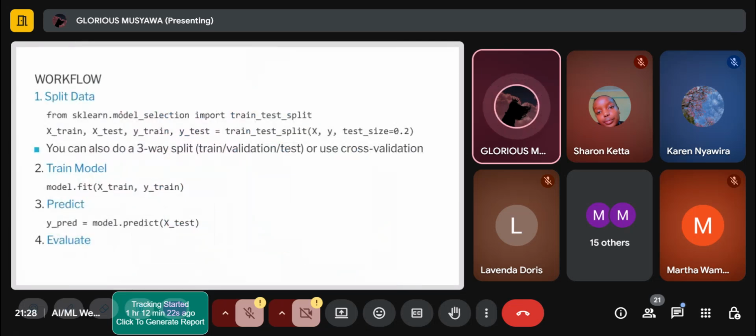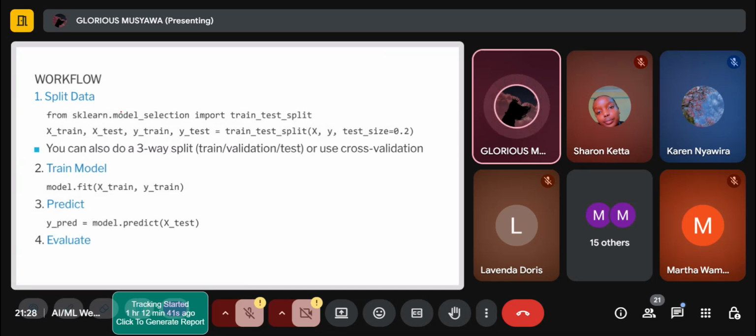So this is the code workflow for doing your classification. Because you already did a group assignment, you already know how it flows. After you've done your EDA, you do a train, test, split. Sometimes you can do a train, validation, and test split depending on your scenario.